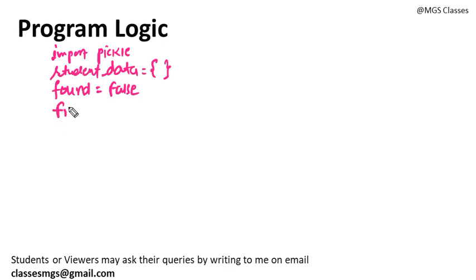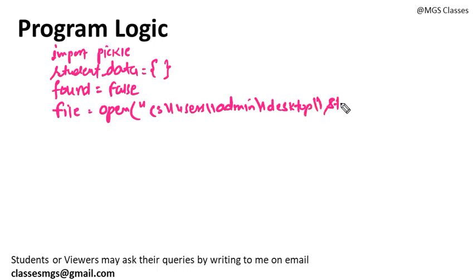I use file = open, passing the location C:/users/admin/desktop; this file location can be anything. Let's suppose I open it in write binary mode because I am going to update the marks of the student.